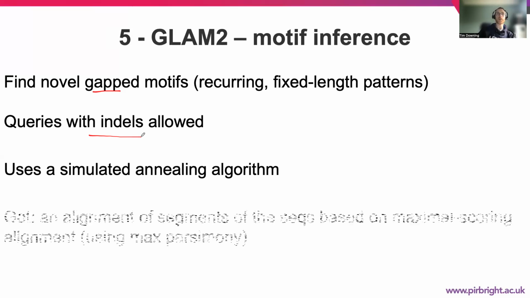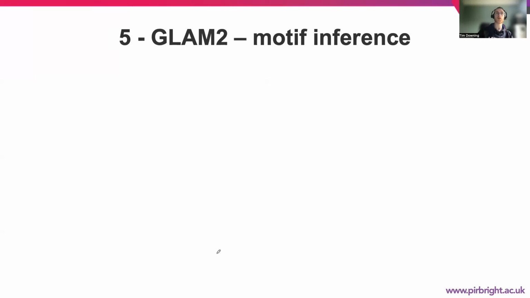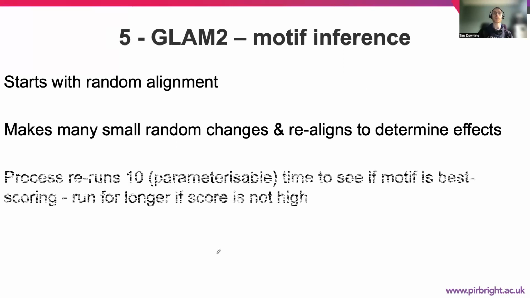What it's getting is an alignment of the immunoglobulin segments, and that's based on a particular alignment algorithm that uses principles from maximum parsimony. It starts with a random alignment initially, and then makes many small changes, and then gradually realigns to estimate the net effects. It reruns this at least 10 times.